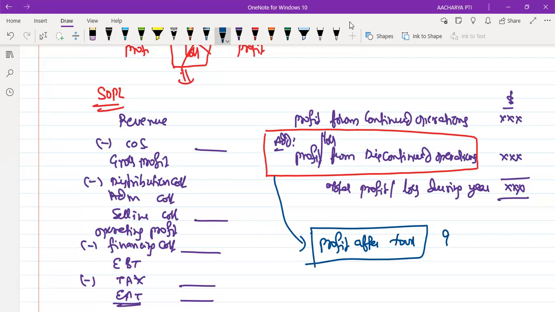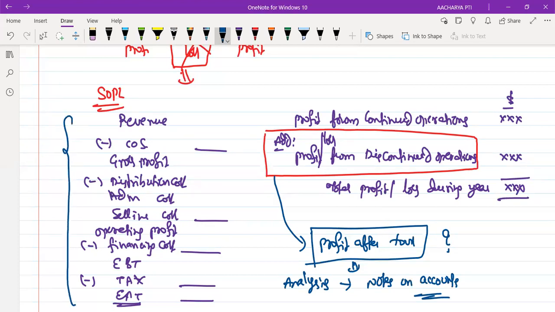Then the question is, sir, how do we analyze the profit or loss after tax from the discontinued operation? The analysis of this amount is provided separately in the notes on accounts. We calculate it in the same format: revenue less cost of sale, gross profit less costs, operating profit less finance cost, EBT less tax, EAT.